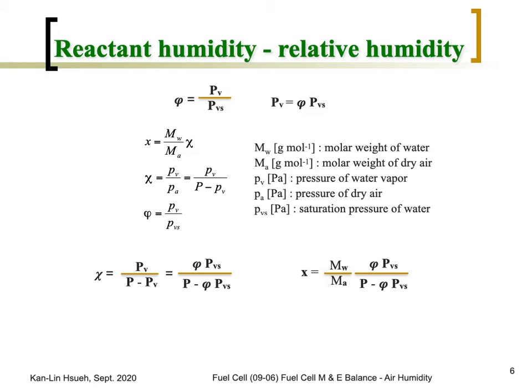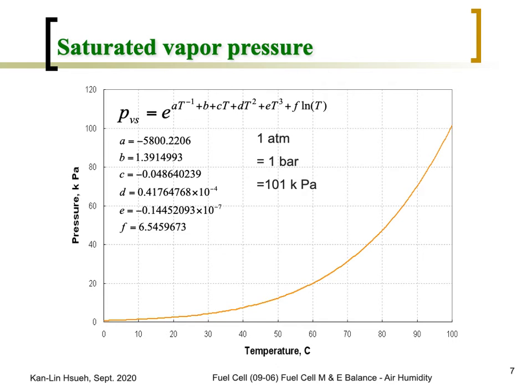Now over here, the PVS is the saturated water vapor pressure of water, and from 0 degrees to 100 Celsius it can be calculated. In the literature, you can find this equation or other similar equations.